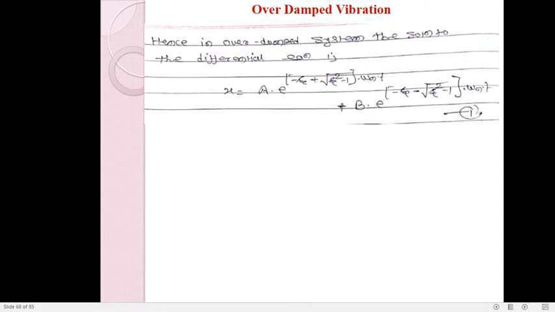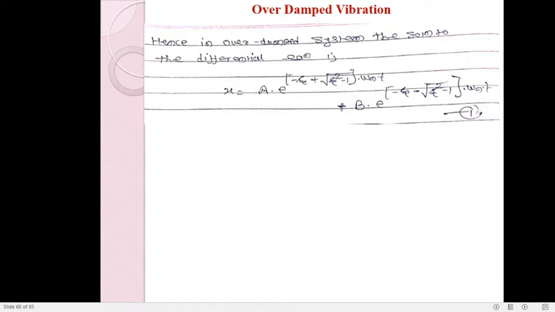So hence in an overdamped system, the solution to the differential equation is given as x equals a into e to the power minus xi plus square root of xi square minus 1 into omega n into t, plus b into e to the power minus xi minus square root of xi square minus 1 into omega n into t.